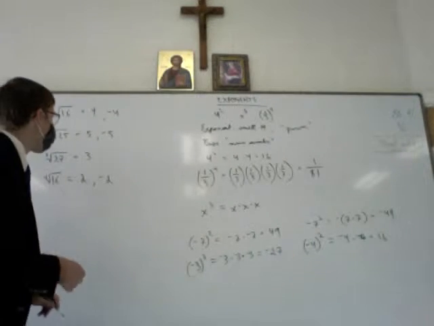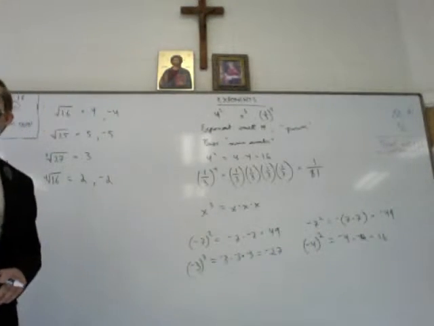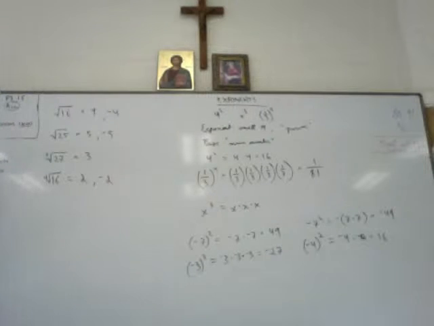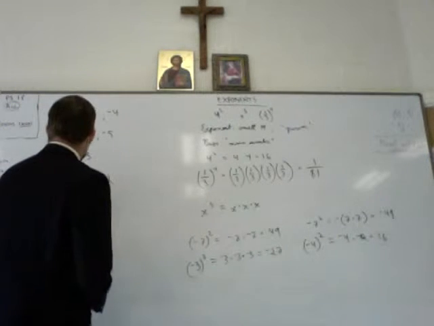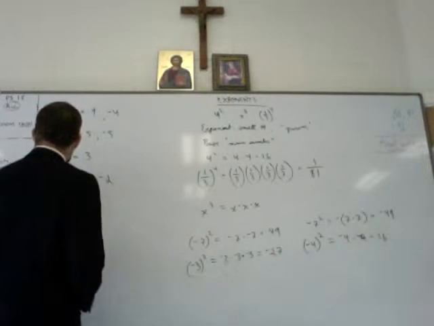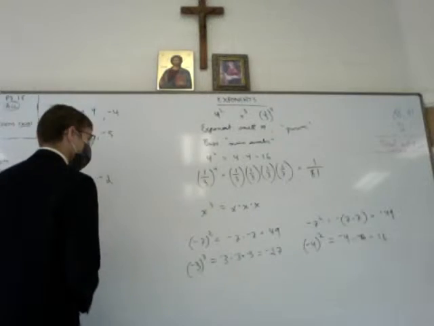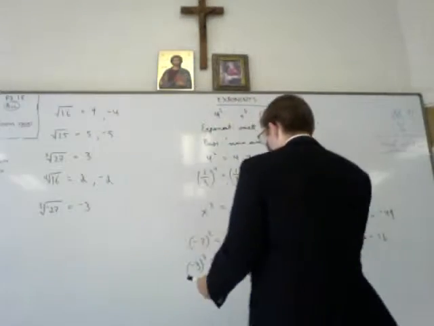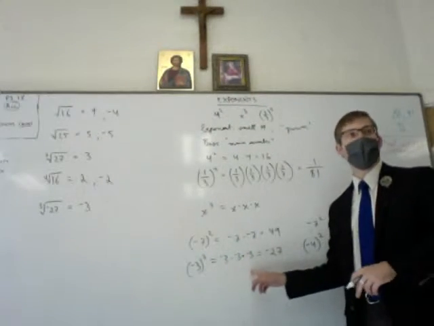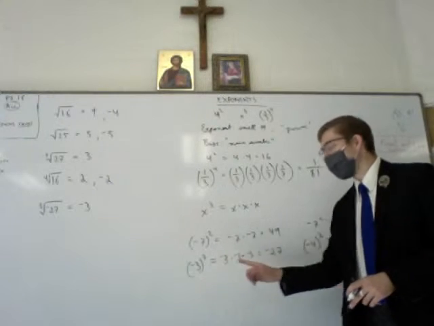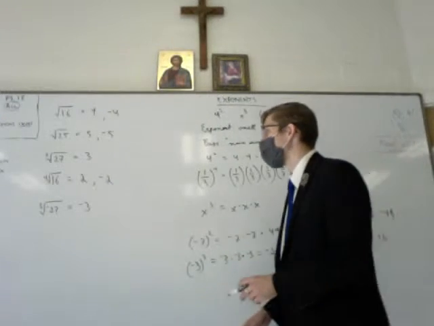Whereas what about the cube root? Is -3 a cube root of 27? No. -3 is the cube root of -27, because as we saw, -3 times -3 times -3, -3 cubed, will give us -27.